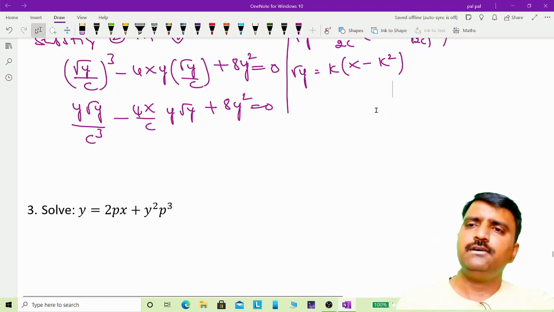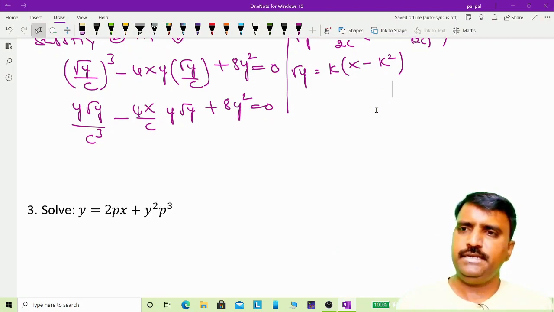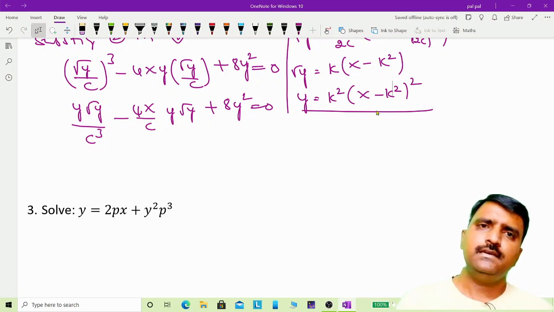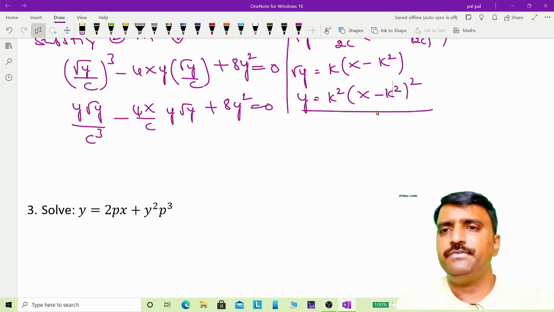Okay, now take square on both sides. So squaring on both sides, y is equal to k square into x minus k square whole square. Yes, this is a method of simplifying some of the equations.